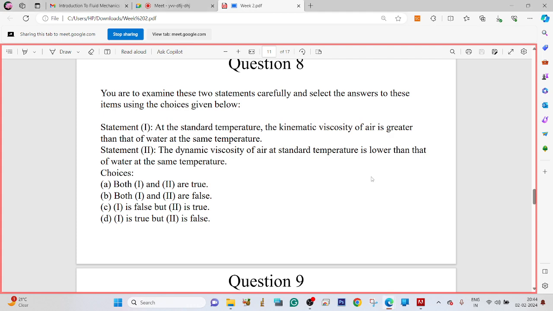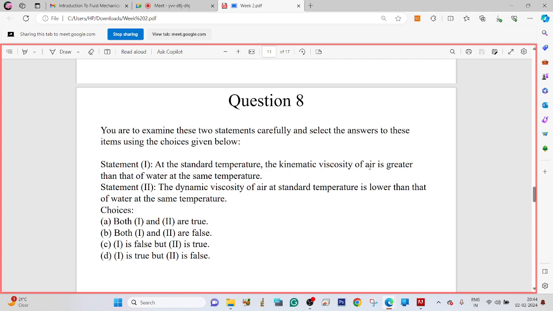So you are to examine two statements carefully and select the answers to these statements. At the standard temperature, the kinematic viscosity of air is greater than that of water at the same temperature, and the dynamic viscosity of air at the standard temperature is lower than that of water at the same temperature. Can you find that out? I'll give you the values.